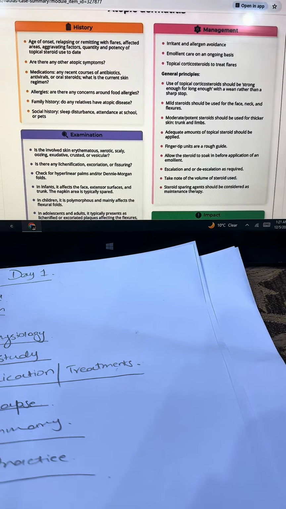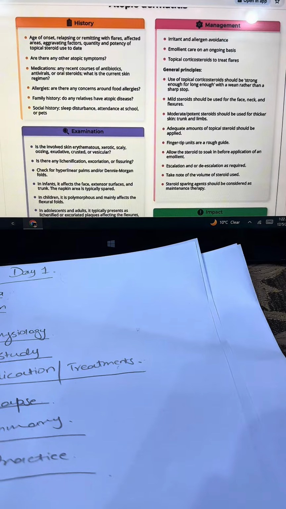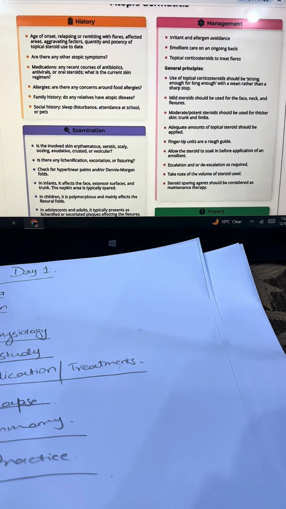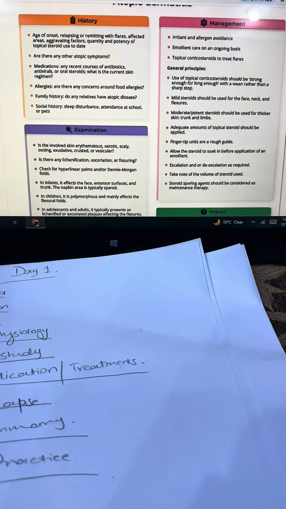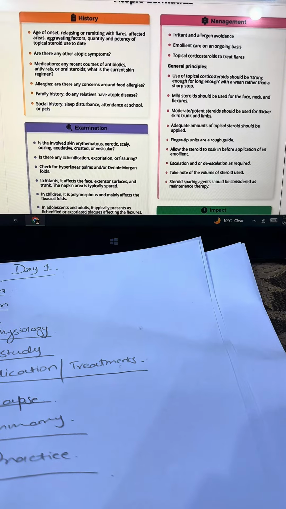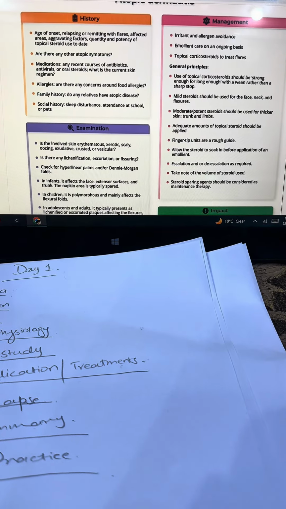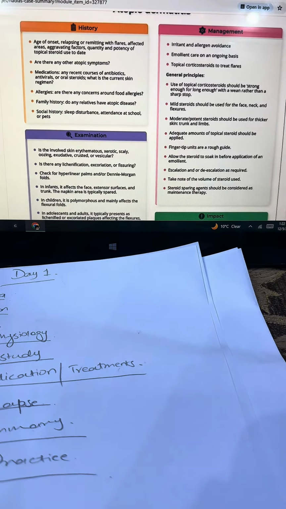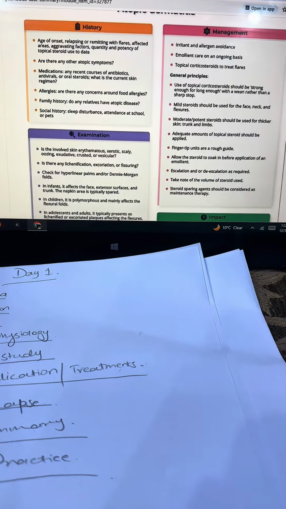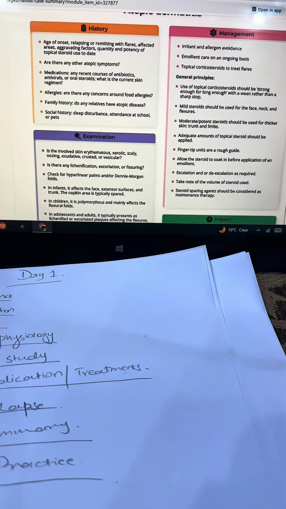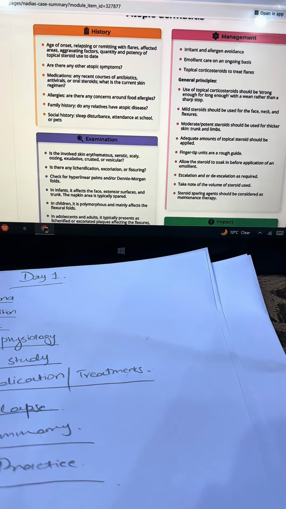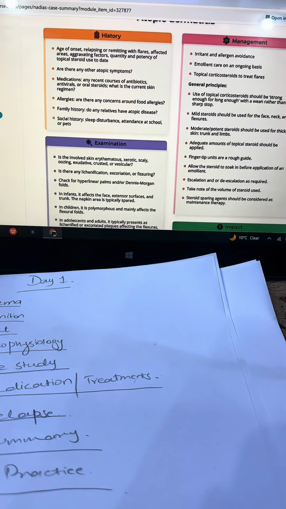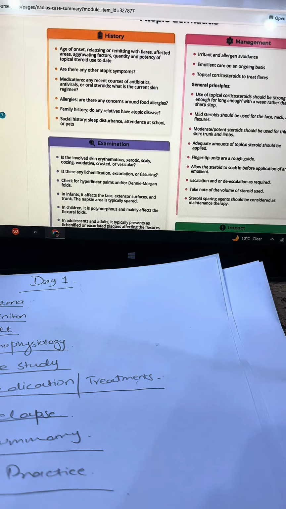Okay, in the management, it is very important to know the general principles of management, because we are prescribing topical corticosteroid, which should be strong enough and used long enough. Mild steroid can be used for the face and the neck, and on the flexors; moderate can be used for the thicker skin, at the limbs and the thinner trunk. An adequate amount of topical steroid should be applied.